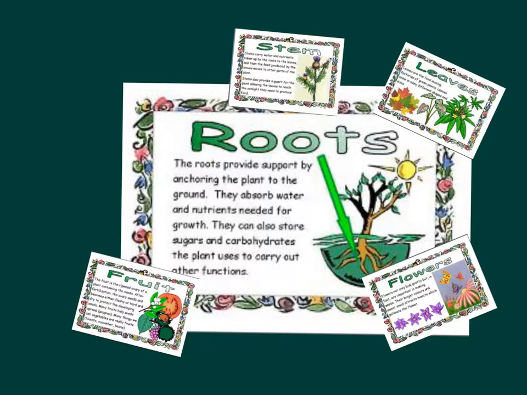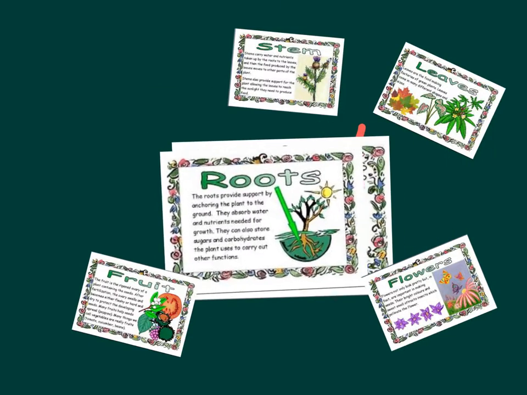We talked about earlier how it needs good soil, not rocky soil, not soil without a lot of growth to it. It needs good soil to help it to grow. The roots can also store the sugars and the carbohydrates that the plants use to carry out other functions. And we're going to talk about those other functions.